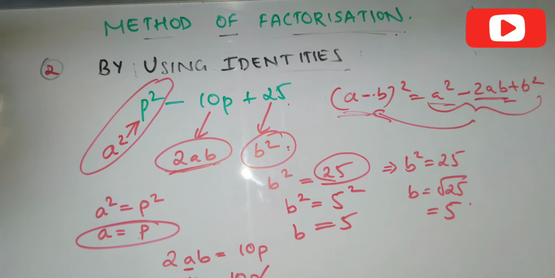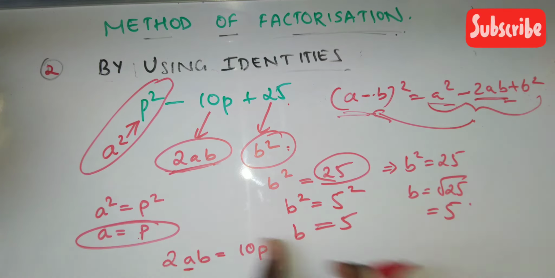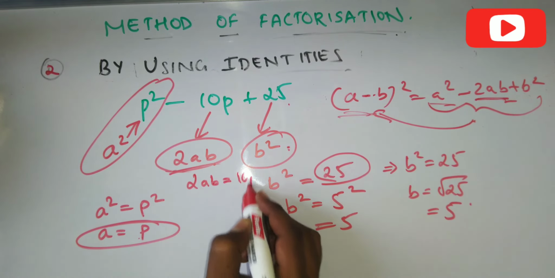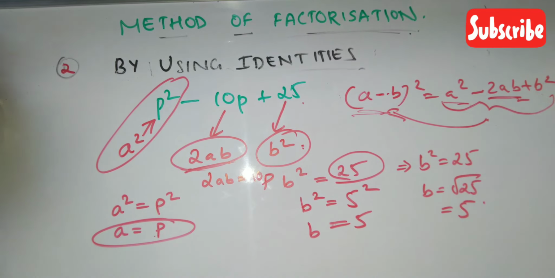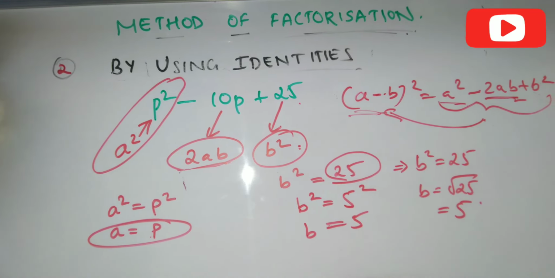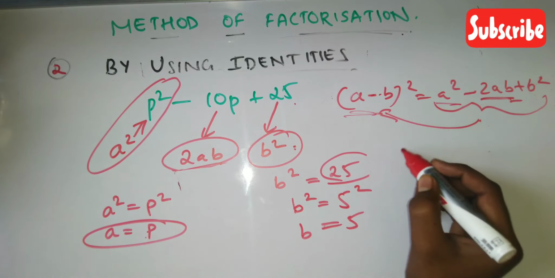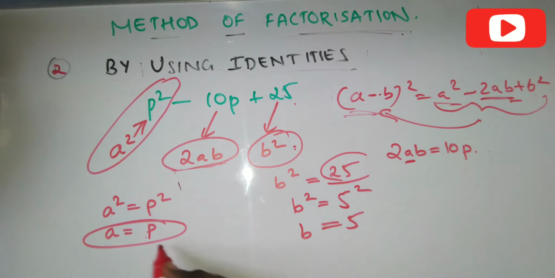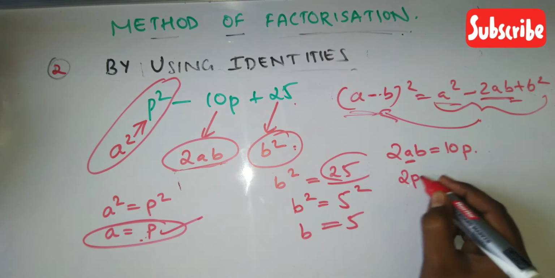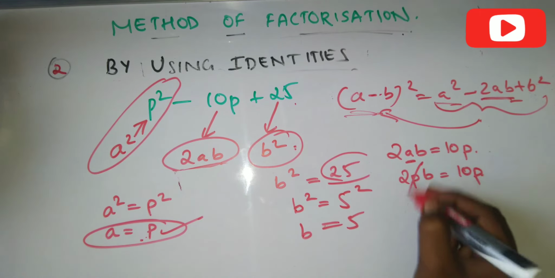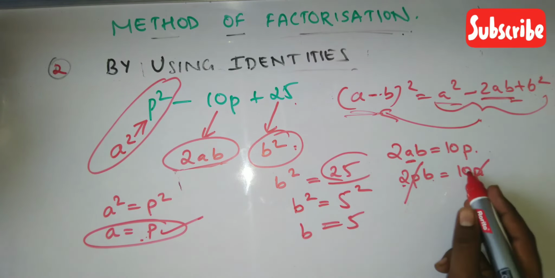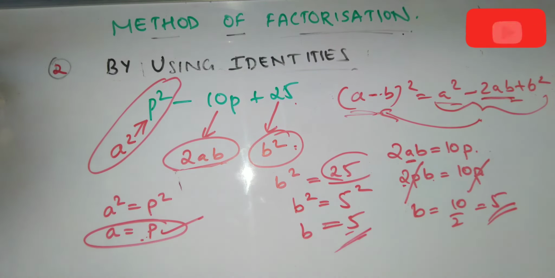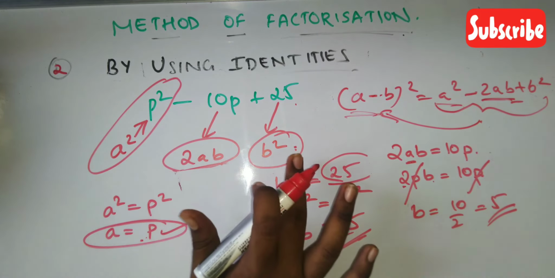P gets cancelled, and 2b is equal to 10. What is b? 10 by 2, that is 5. Any method you can use to find b.